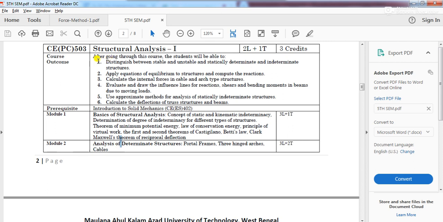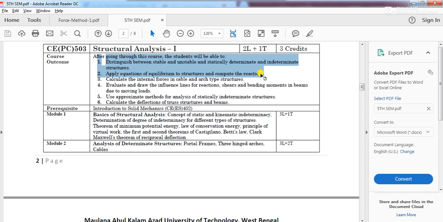Basically we will be taking the test on these two parts. Your understanding will be tested for these two course outcomes: distinguish between stable, unstable, statically determinate and indeterminate structures, and apply equations of equilibrium to structures and compute reactions.